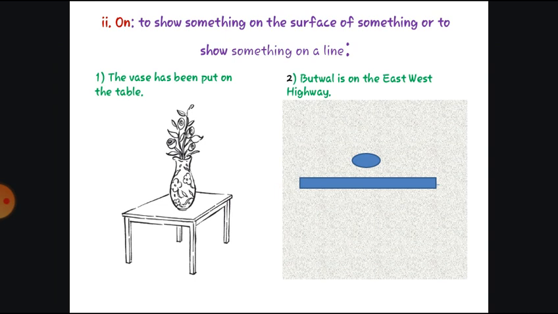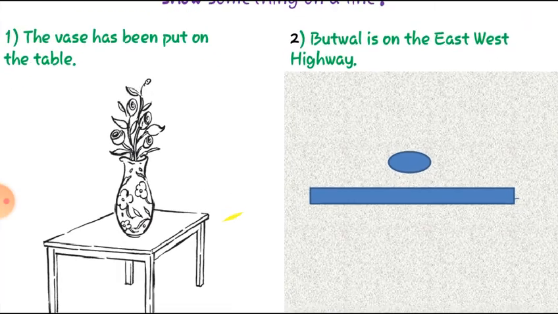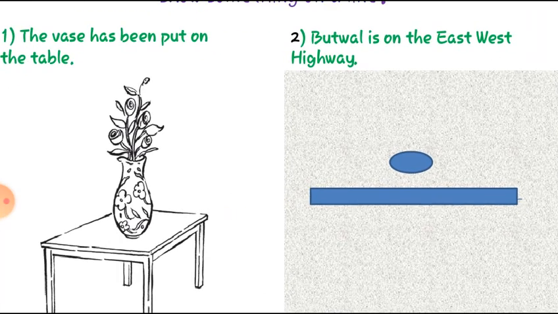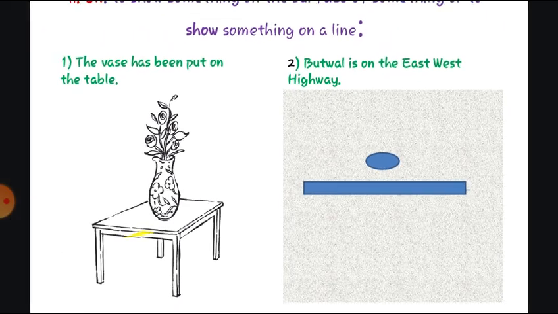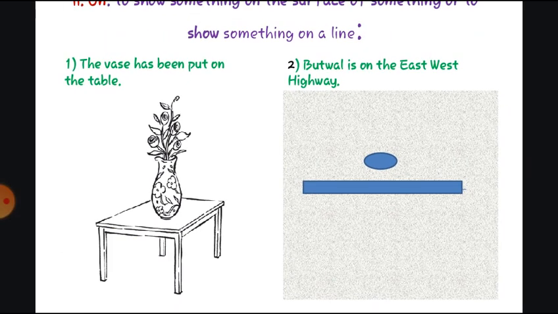And in the next example, you can see Butwal is on the east-west highway. Butwal is on the east-west highway, that is also given here. So in these two examples, on as a preposition is used.